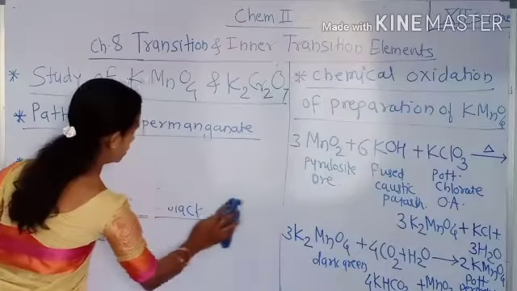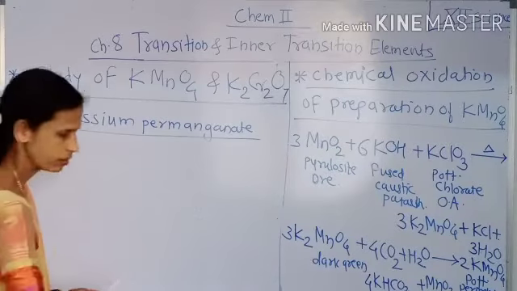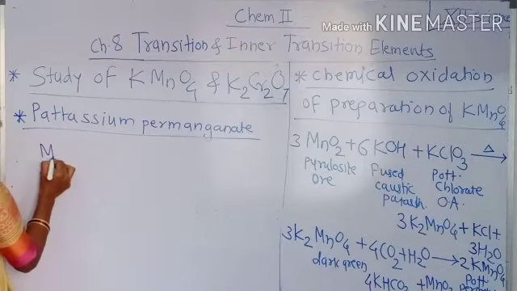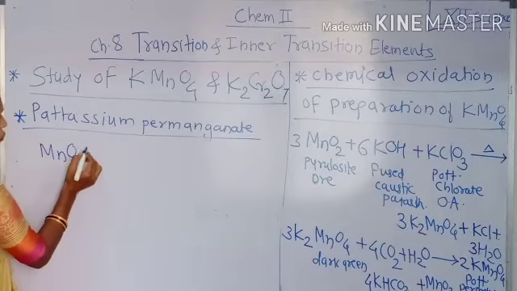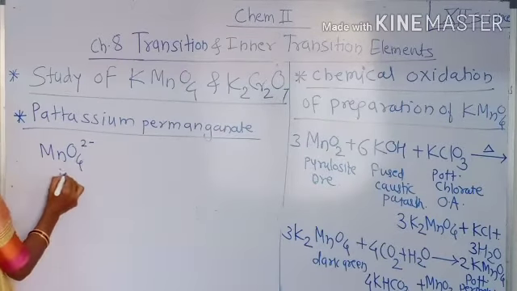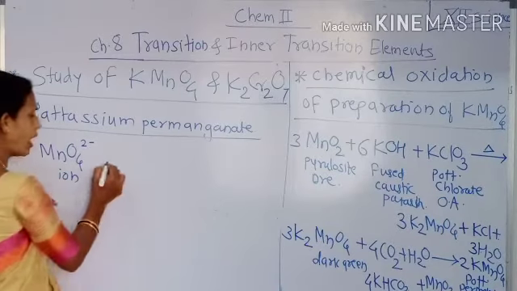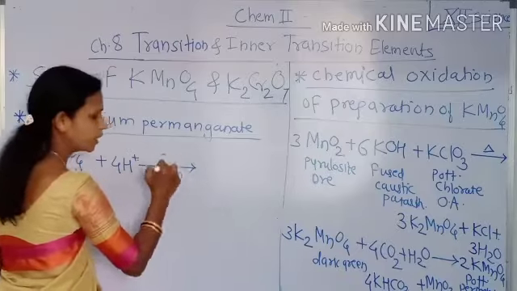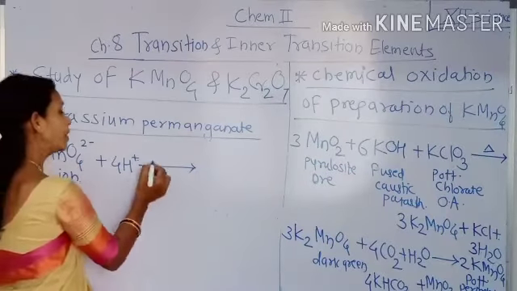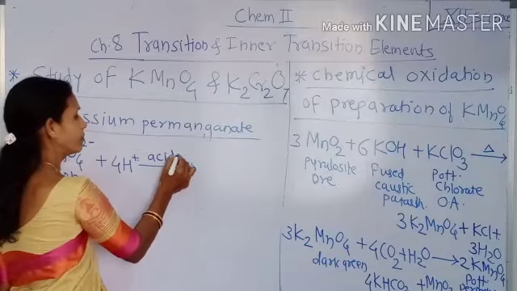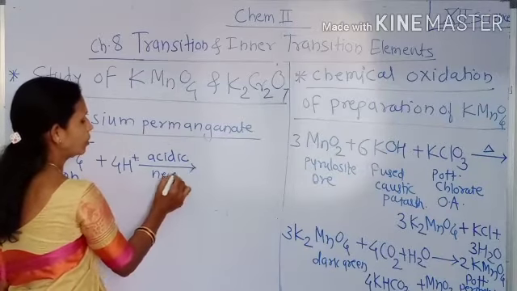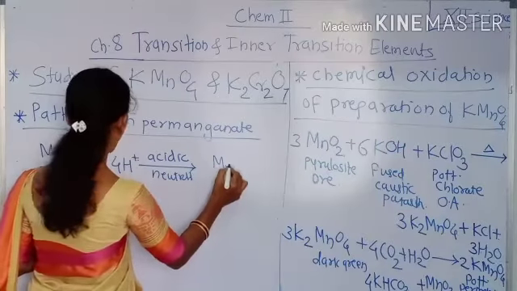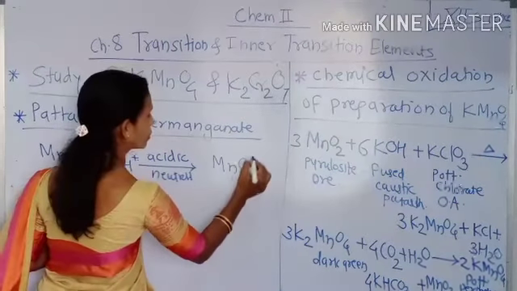See here in this reaction, K2MnO4, which is green in color, contains the MnO4 2- ion, which in acidic or neutral medium is converted into MnO4-.